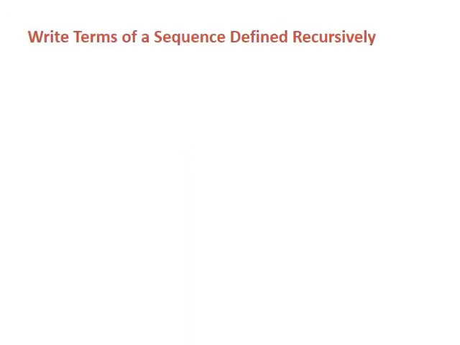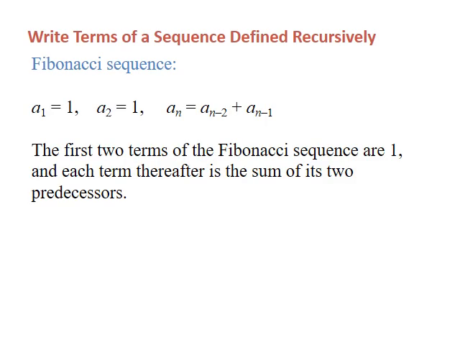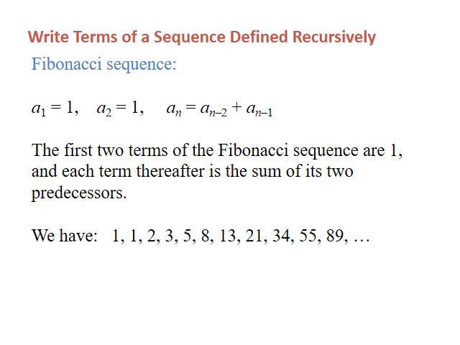I mentioned before that the Fibonacci sequence is a very famous recursively defined sequence. And this here is the Fibonacci sequence, and it starts with the first term being 1 and the second term being 1. But then what we do is we add these to get this.